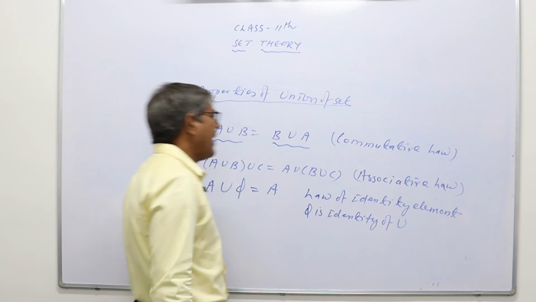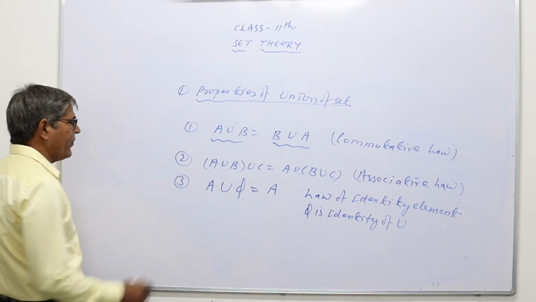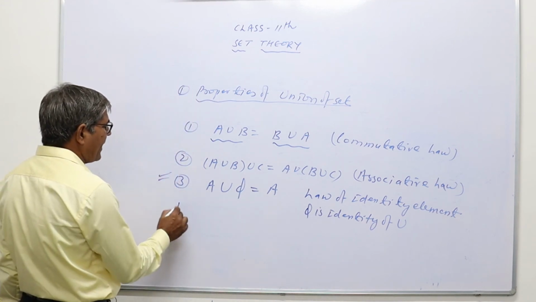Phi is the identity of union. That is a most important property.